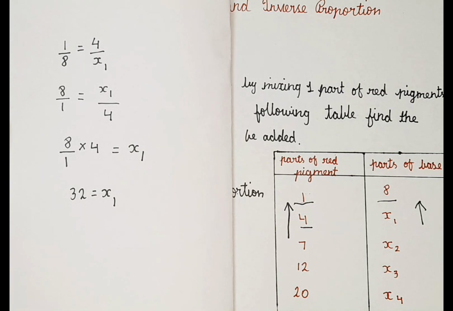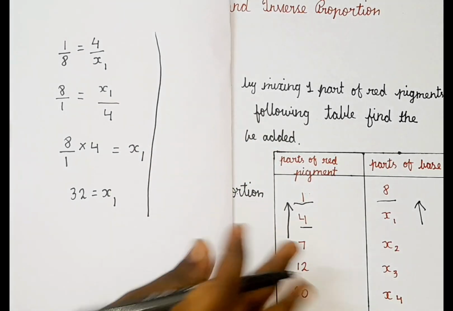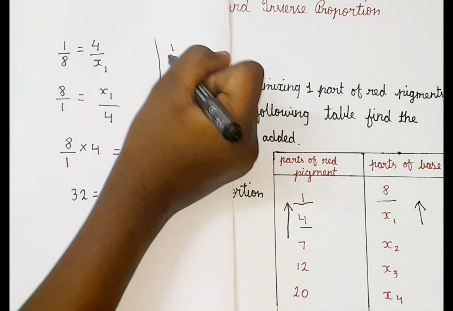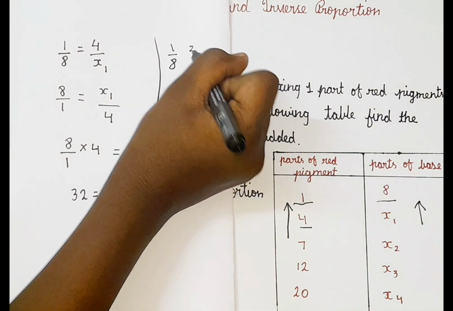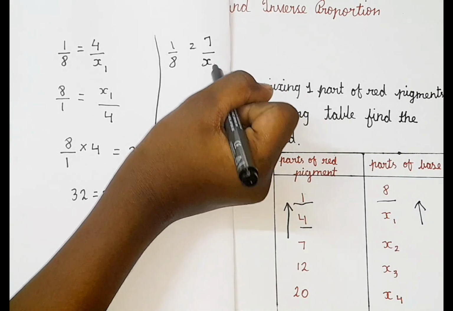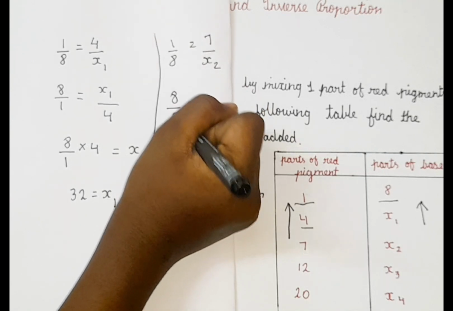Now we are going to find the value of x2. We are going to use the same method. We take the first value only, so 1 by 8 is equal to 7 by x2. Now the reciprocal, 8 by 1 is equal to x2 by 7.